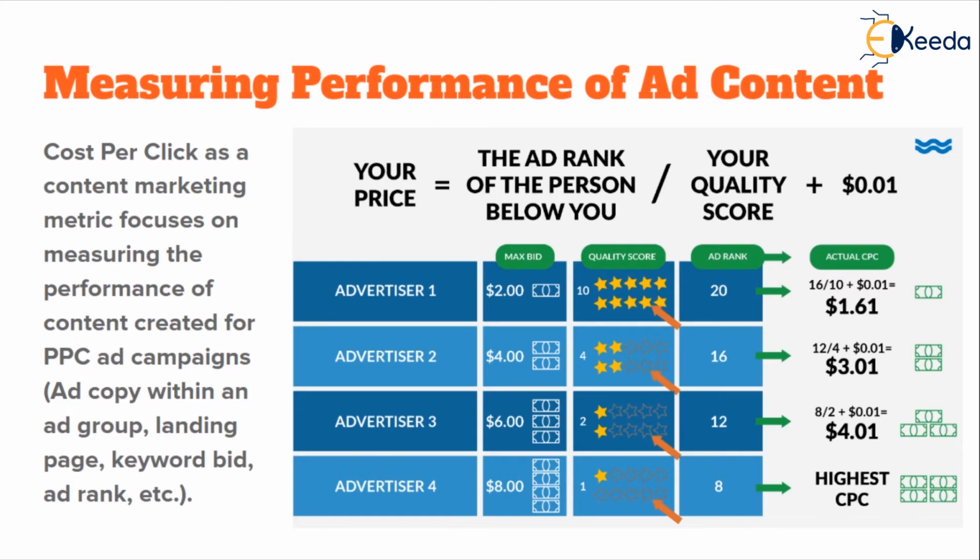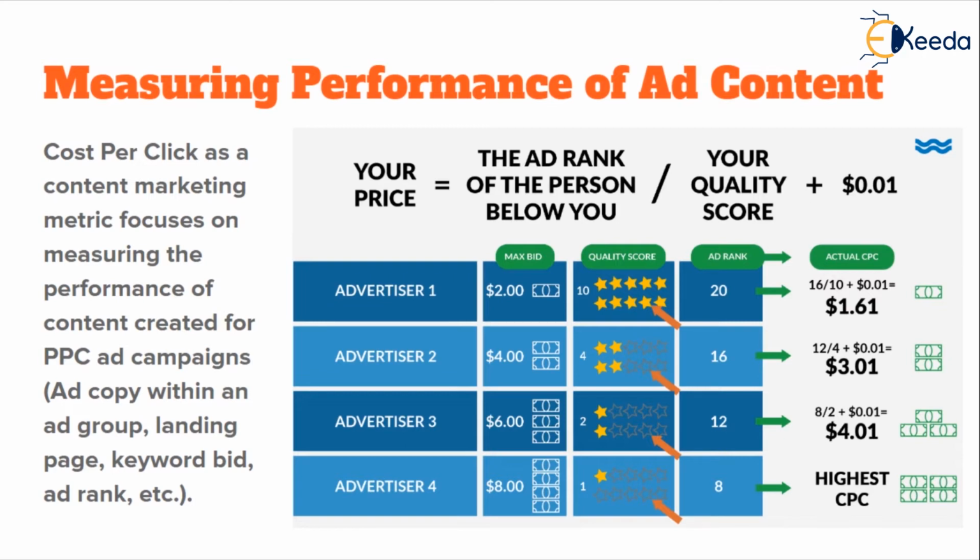And that page also has some content copy. So the content in the ad, the content on the landing page, the design of the landing page, the keywords included in both these things as well as in the rest of the website, they affect the quality score and the ad rank which you are designing.